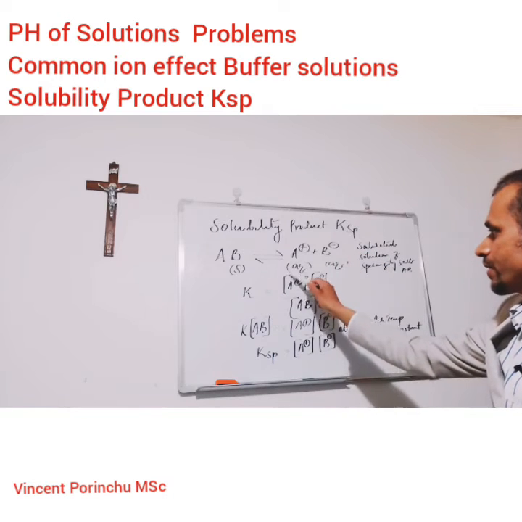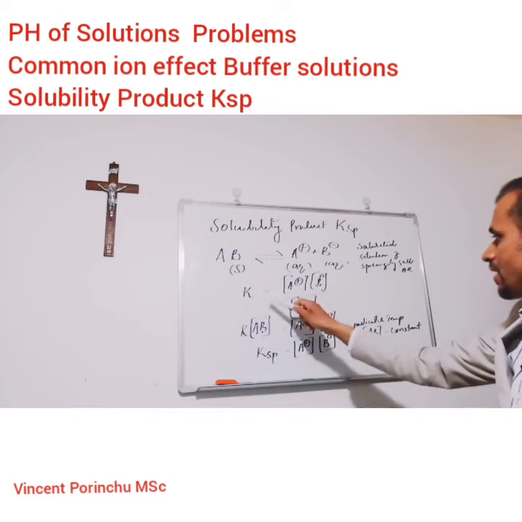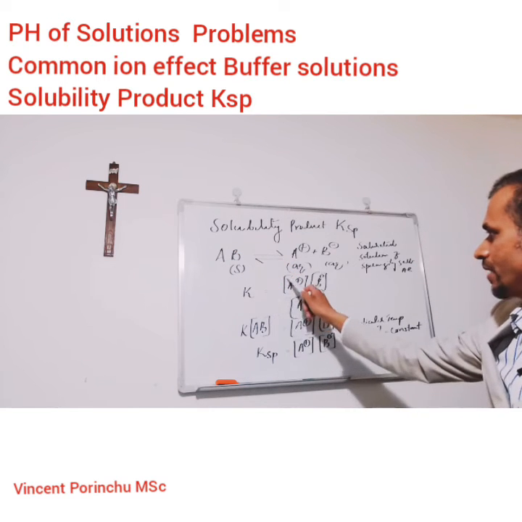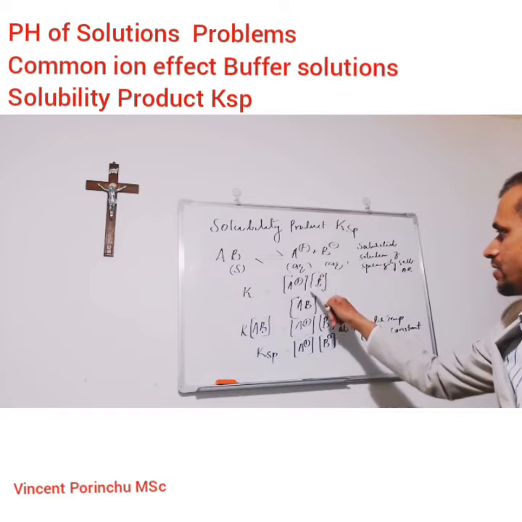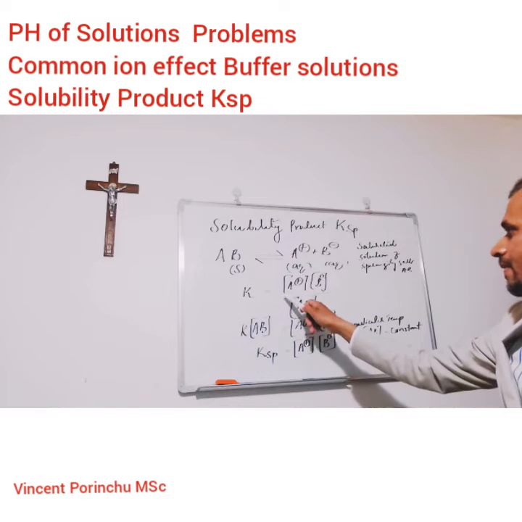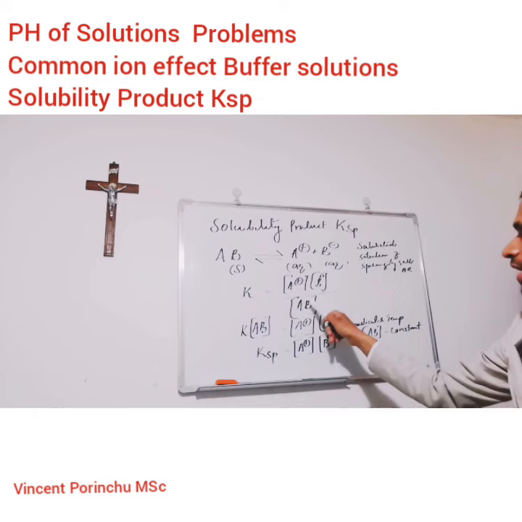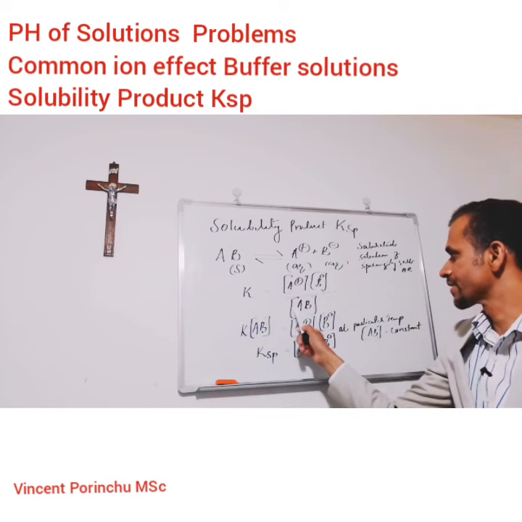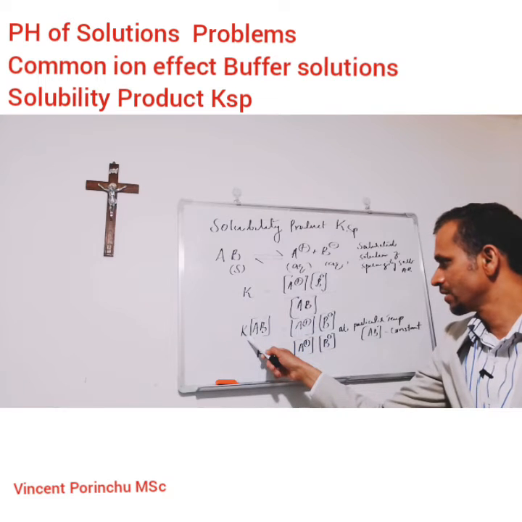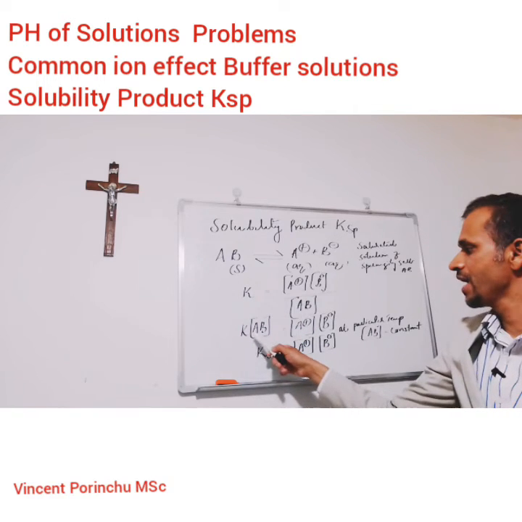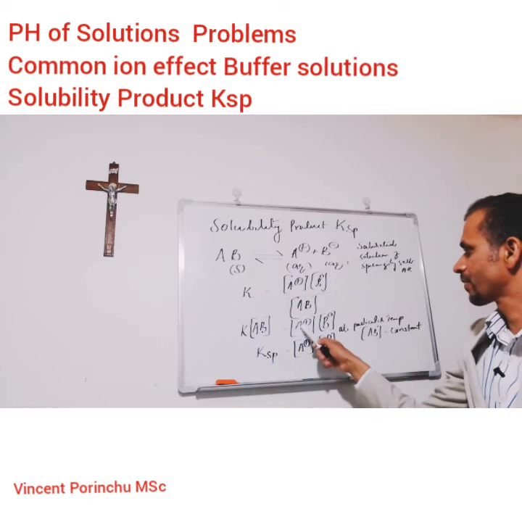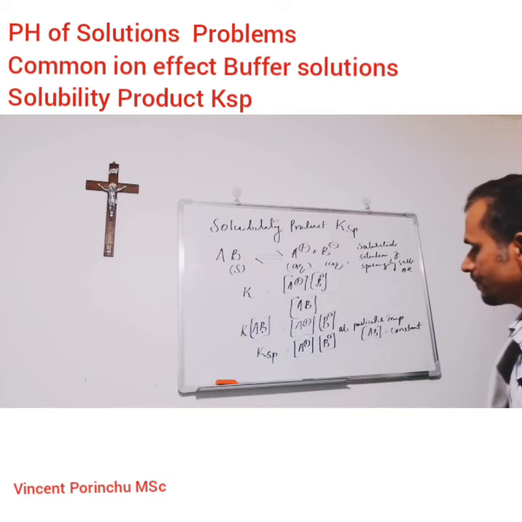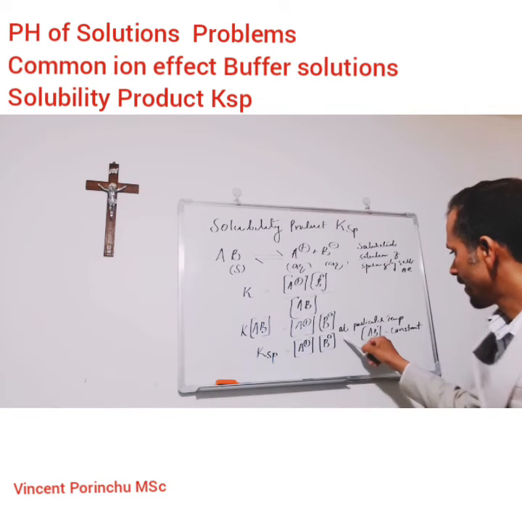So K is equal to the active mass of A into the active mass of B divided by the active mass of AB. When we rearrange this equation, AB comes to the other side, so K times AB is equal to the product of A positive and B negative.